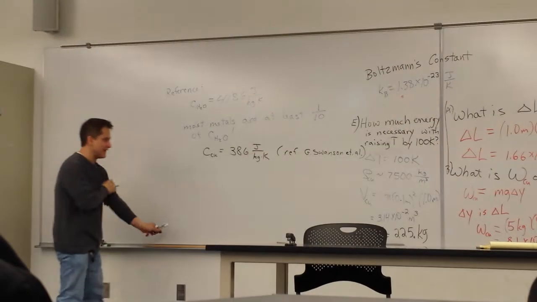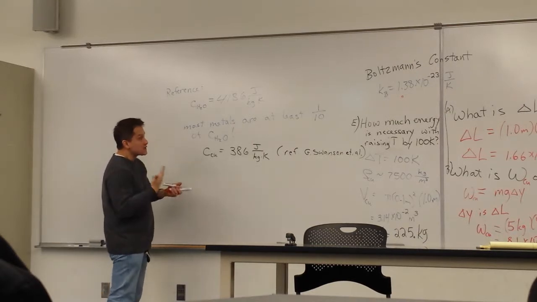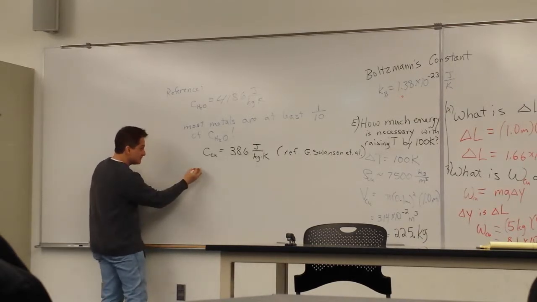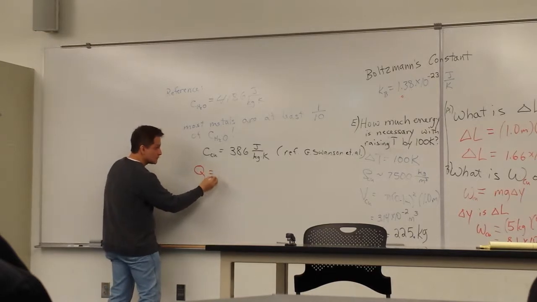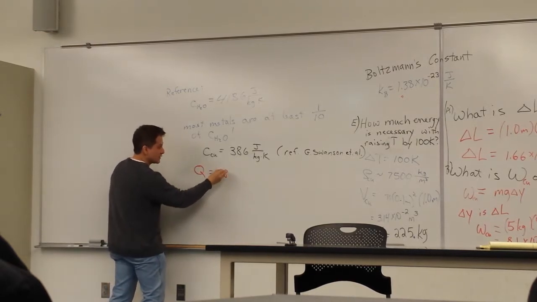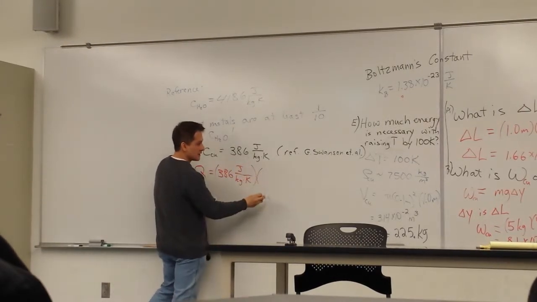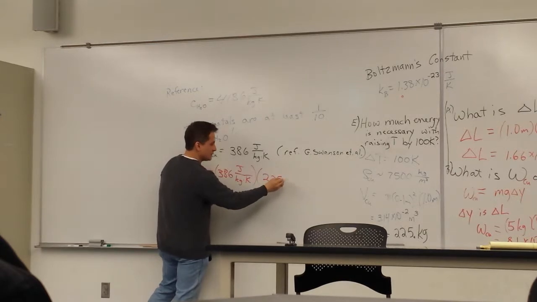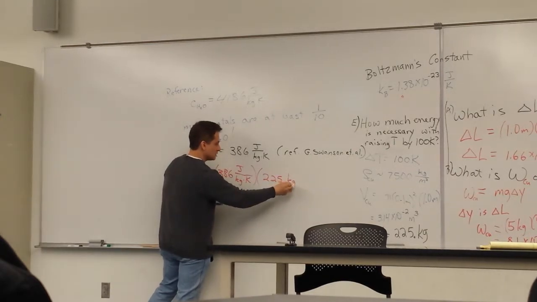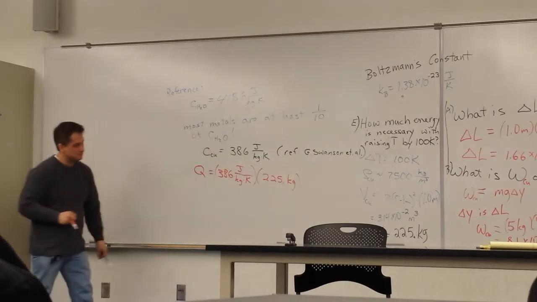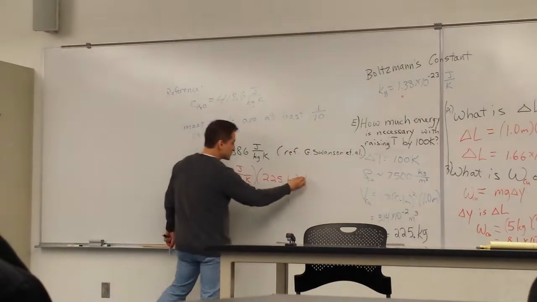Okay. So Q then, to raise the temperature, would be 386 joules per kilogram Kelvin, times a mass of 225, times the temperature change of 100.